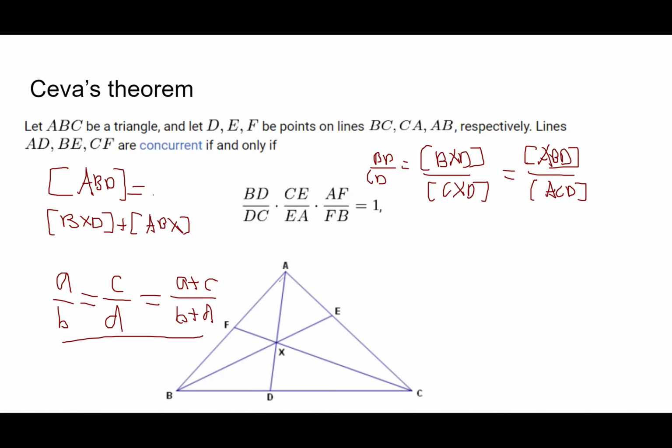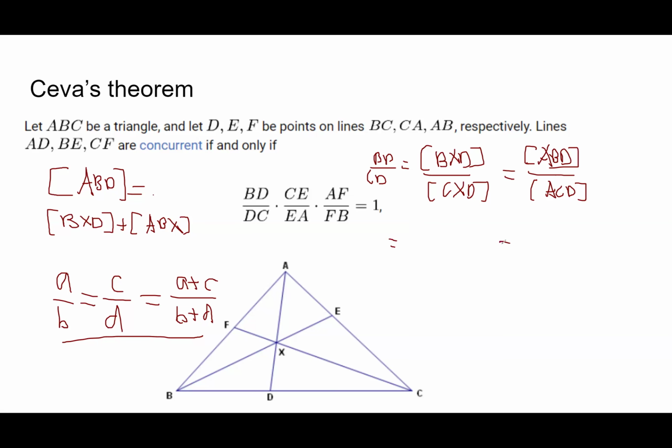You can see visually from the diagram that this big triangle is equal to the sum of this triangle plus this triangle. So then we can change this ratio.